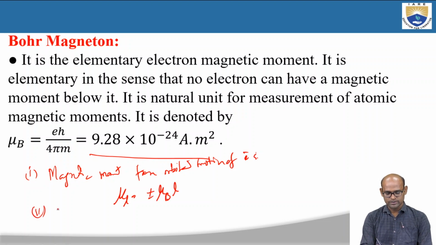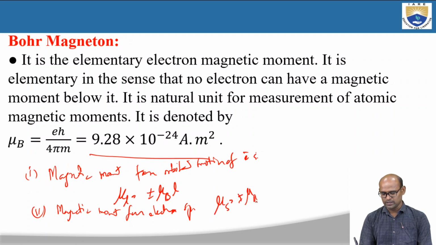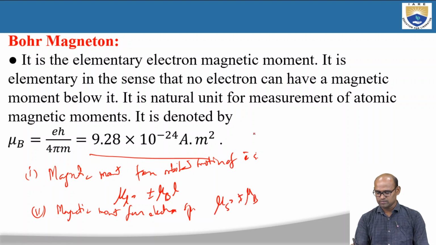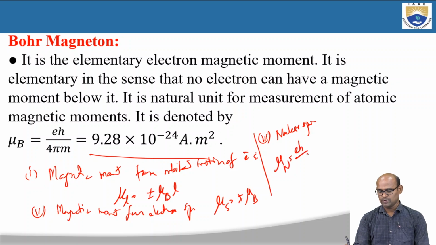Similarly, the magnetic moment coming from the electron spin, mu S, is equal to plus or minus mu B. Third, the magnetic moment coming from the nuclear spin is mu N, which is equal to eh by 4 pi m p.